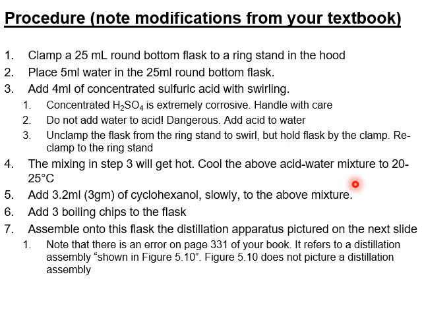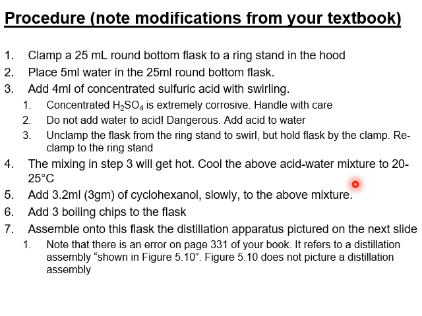You need to be careful with sulfuric acid because it's a concentrated acid and it's kind of dangerous. The mixture in step 3 will get hot. You need to use a hot plate to heat your mixture, and then cool it to 20 to 25 Celsius, room temperature.